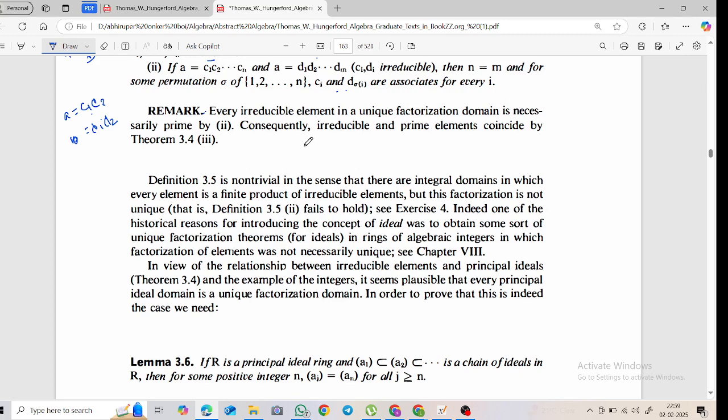Why? Suppose A is an irreducible element, and suppose A divides BC. So BC is AK, right?